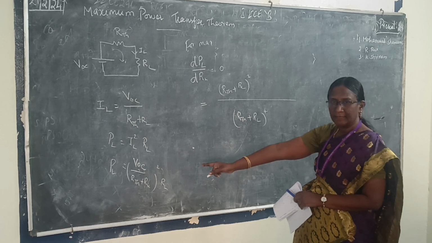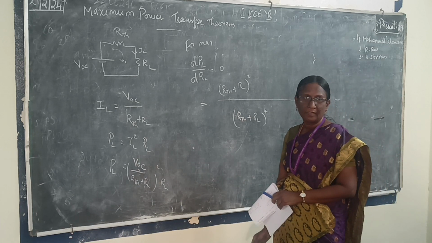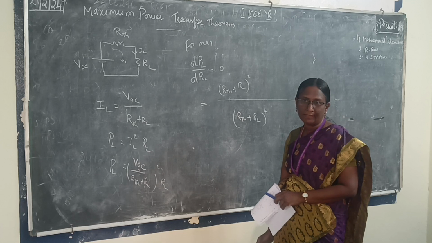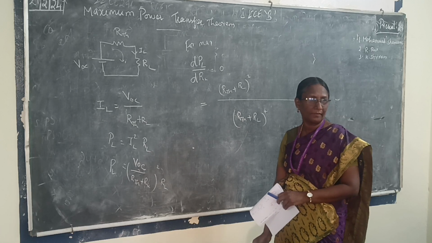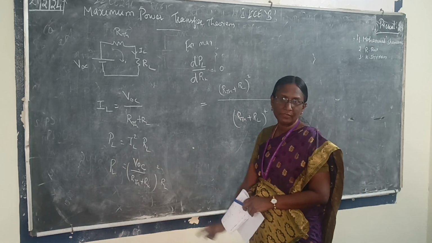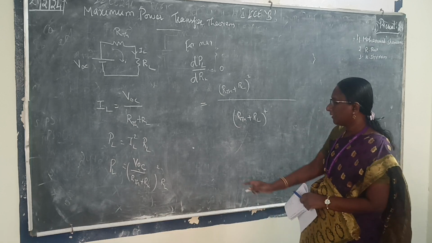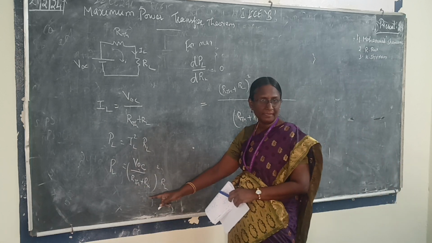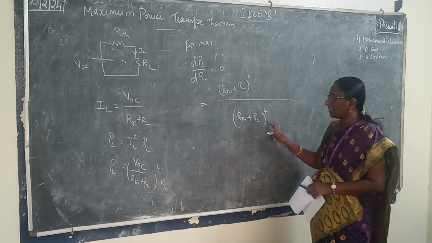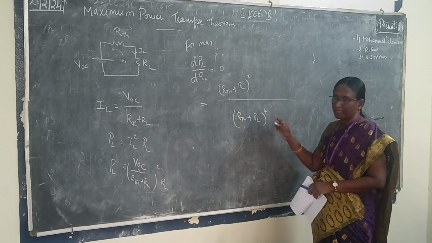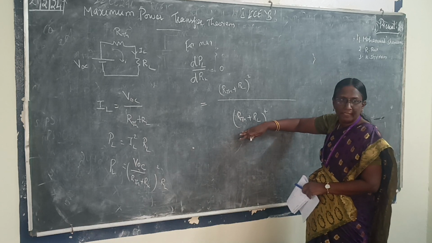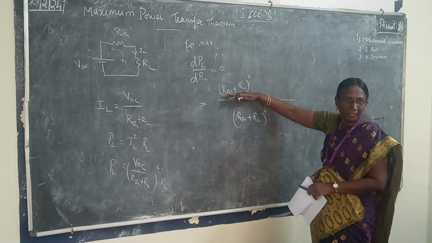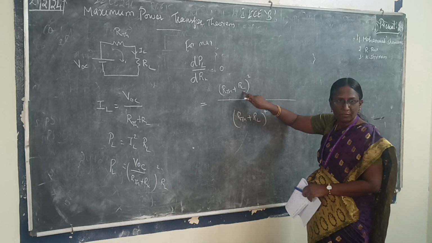What does the numerator consist of? VOC squared and RL. In the denominator, RTH plus RL the whole square, into whole square, then keeping the denominator as it is, that is RTH plus RL the whole square.